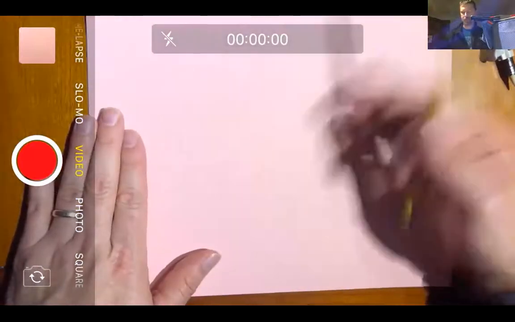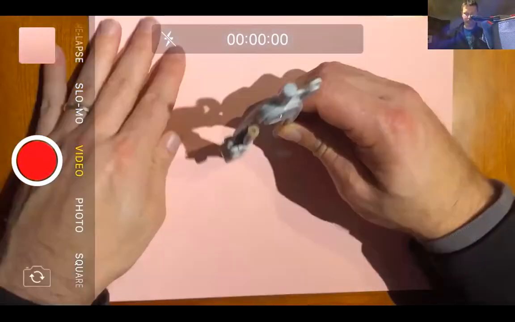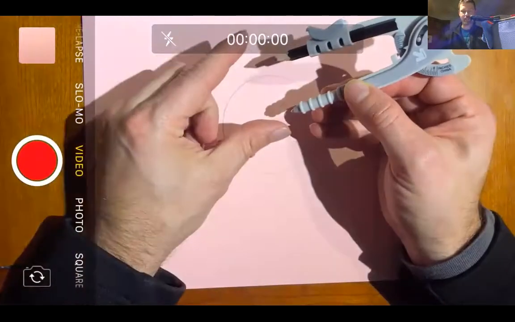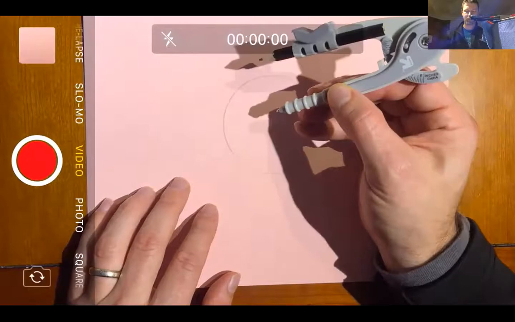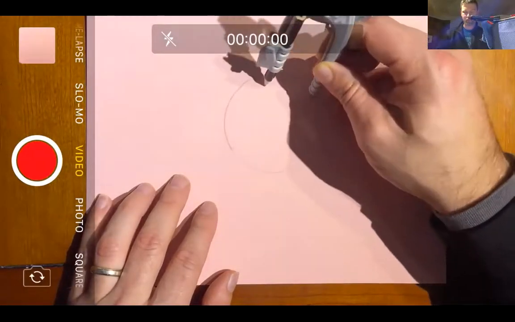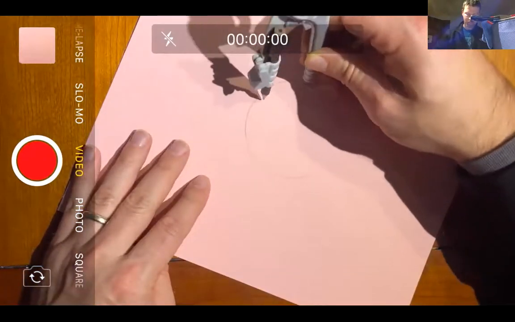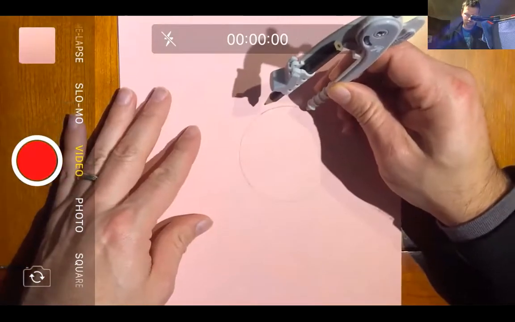All right, so to create a regular hexagon, I'm actually going to start with a circle. I'm going to be careful not to change the size of my compass I just made the circle in, because I just made that circle of a specific radius. So I'm going to take that radius, go on the edge of my circle, and make a mark on my circle. Then I'm going to go to that mark and make another mark, and go to that mark and make another mark.